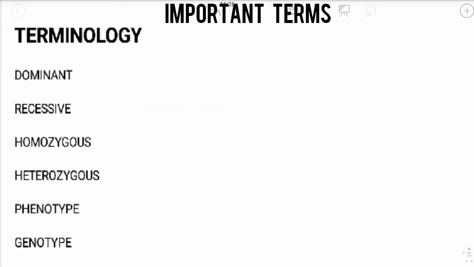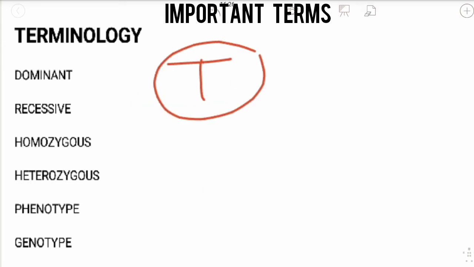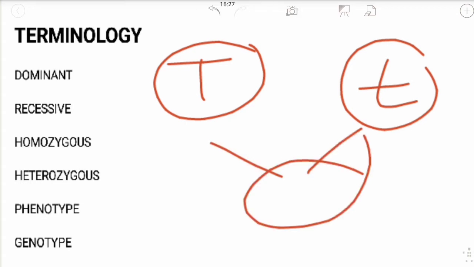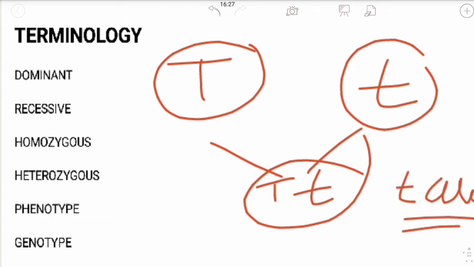Let us consider the tall character is coming from father and short character is coming from the mother, that is capital T and small t, tall and dwarf. When they get hybridized, tall and short one is formed, but practically tall one is formed. Why does this happen?